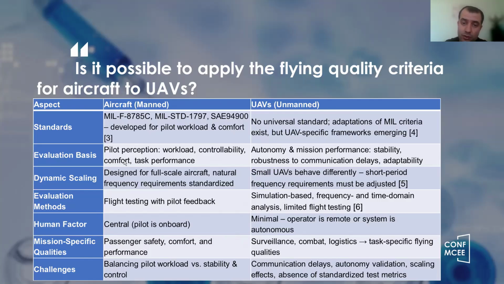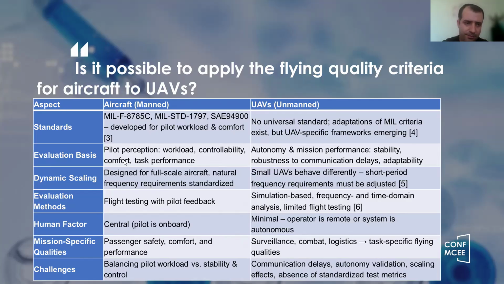Applying them directly to UAVs is problematic, since UAVs often operate autonomously or via remote control, where human workload and perception are less central. However, researchers have been actively exploring how these criteria can be adapted.